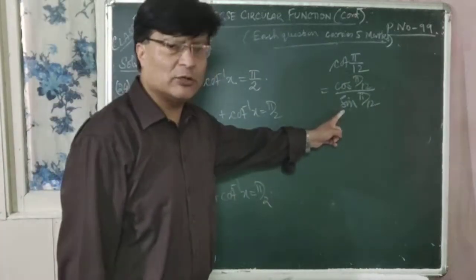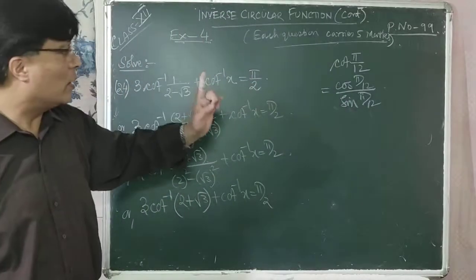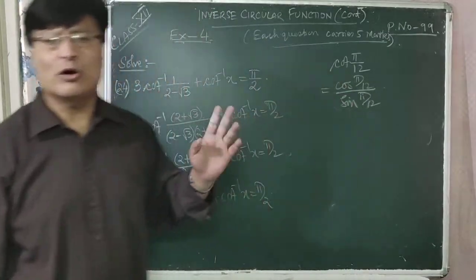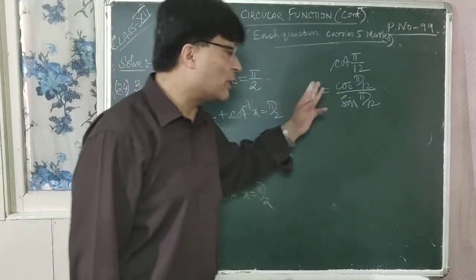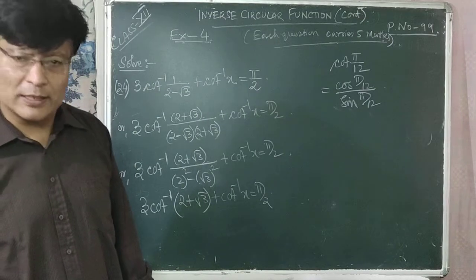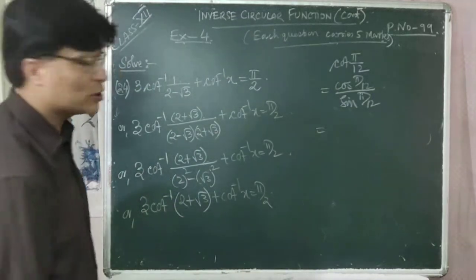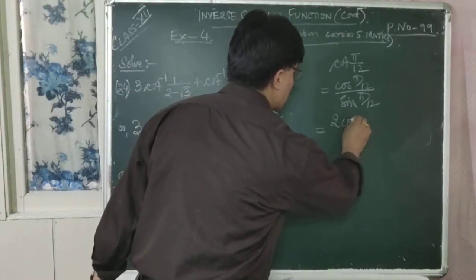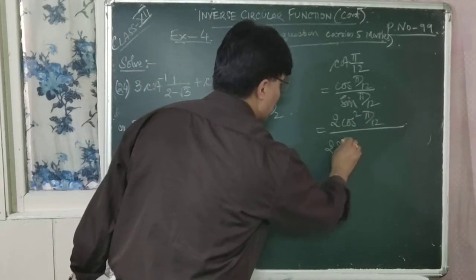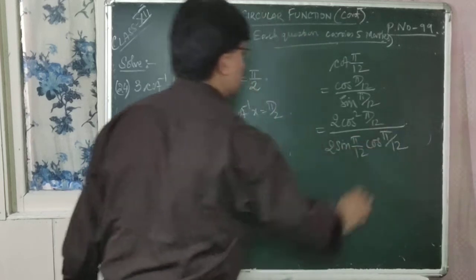So if you multiply the denominator by 2 cos pi by 12, you should also multiply the numerator by 2 cos pi by 12. That is, you have to multiply both the numerator and the denominator by 2 cos pi by 12. Understood? So it is 2 cos square pi by 12 in the numerator, and in the denominator it is 2 sin pi by 12 cos pi by 12. Is that clear?